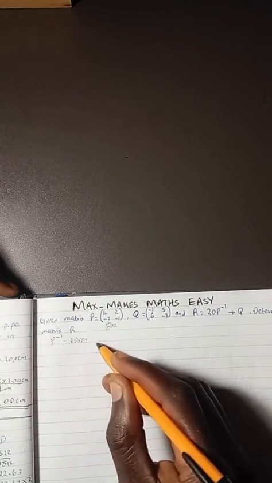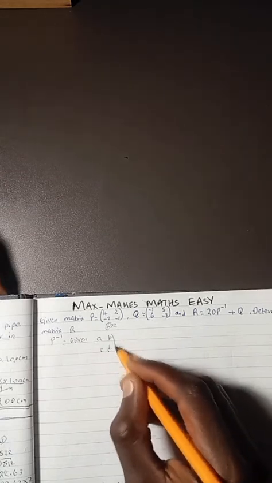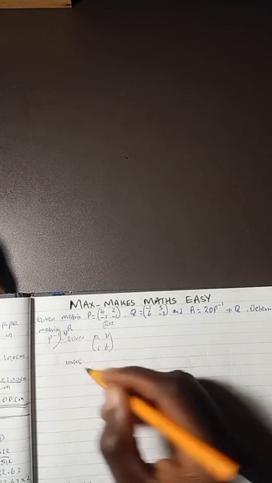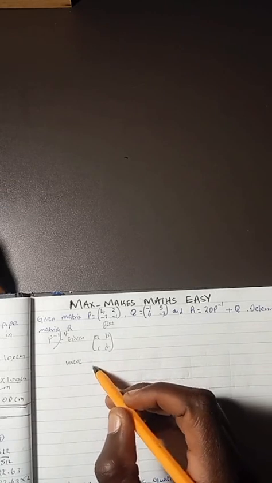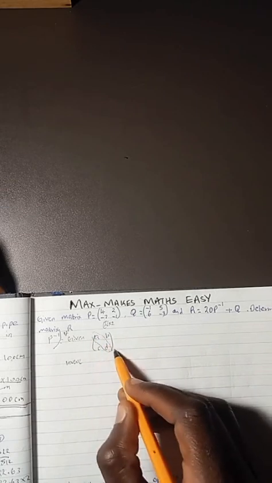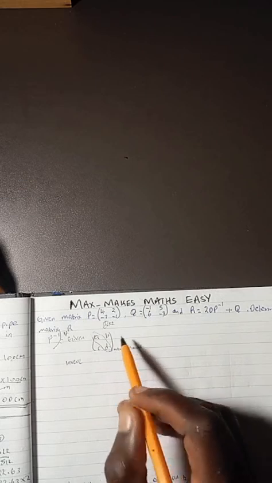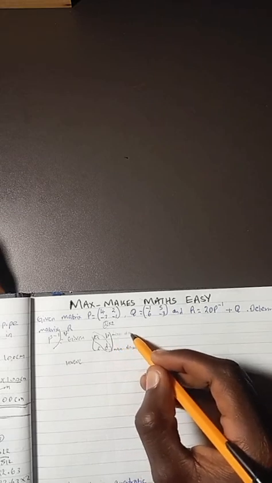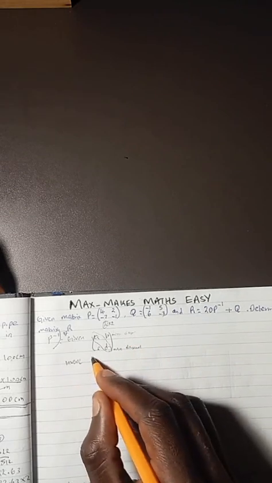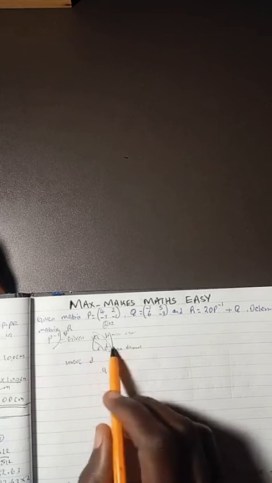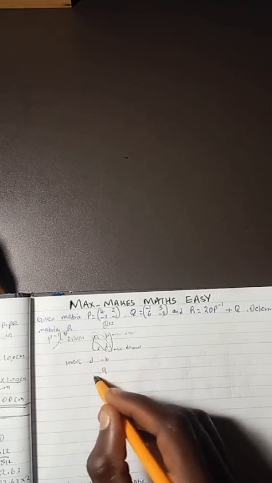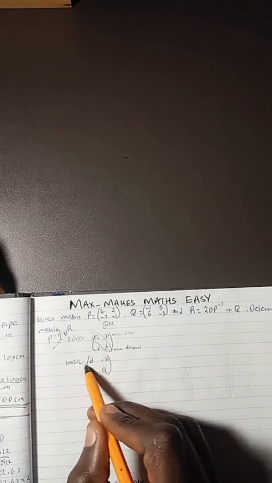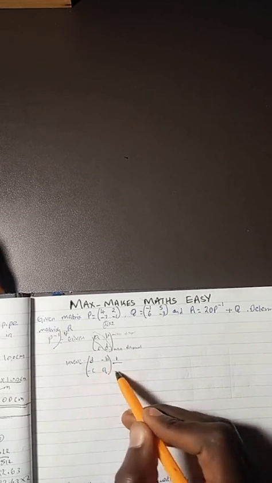If we are given the matrix A, B, C, D, and told to find the inverse, it is got by interchanging the elements in the main diagonal, A and D, and changing the signs of the elements in the minor diagonal, B and C, then multiplying by 1 all over the determinant.